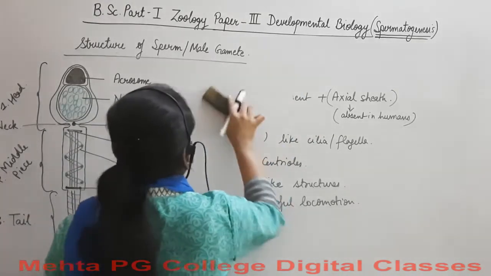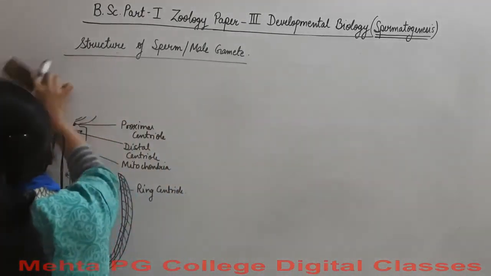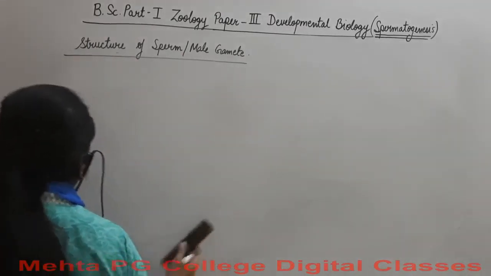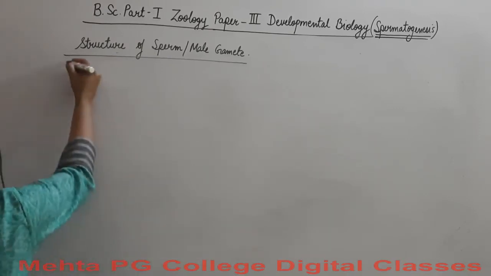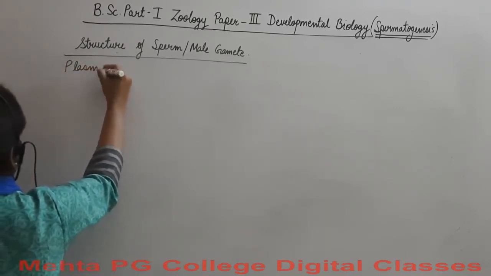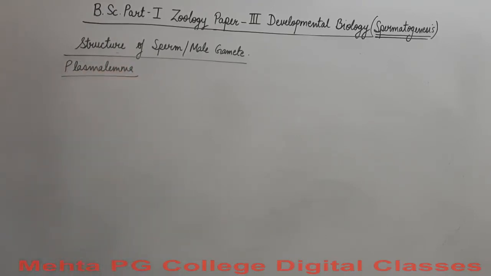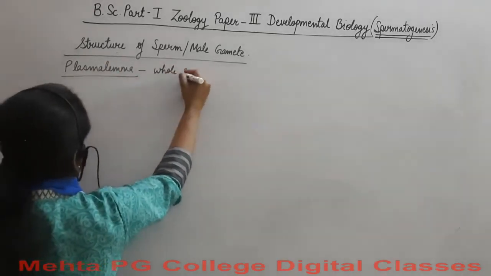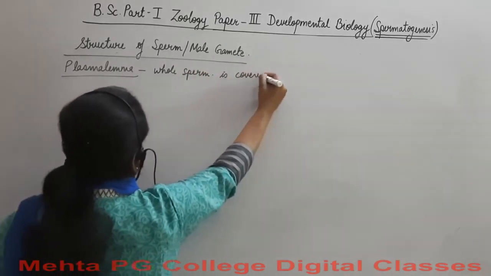Now, the whole sperm or the whole male gamete is covered with a membrane called the plasma lemma. That means plasma lemma is the surrounding layer, and the whole sperm is covered by this layer.